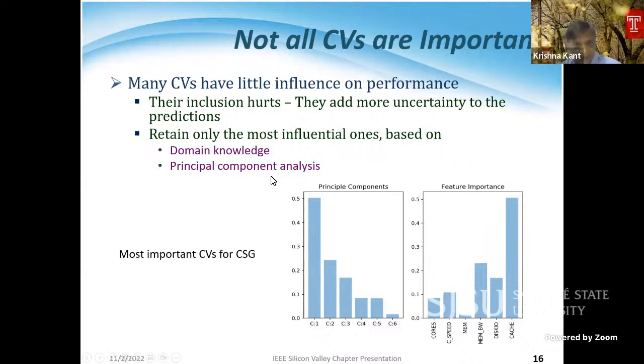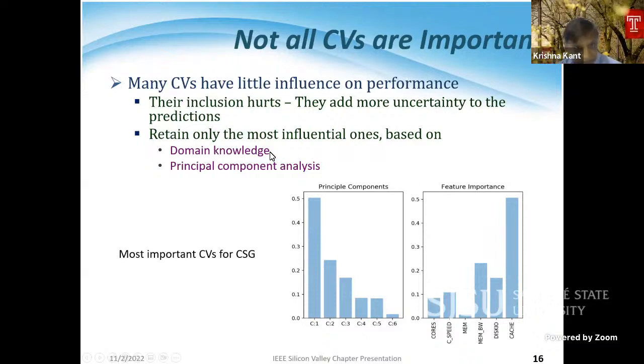So what is important is that we try to find out what parameters are the most relevant ones, and then use those in the machine learning model rather than just throwing everything in.